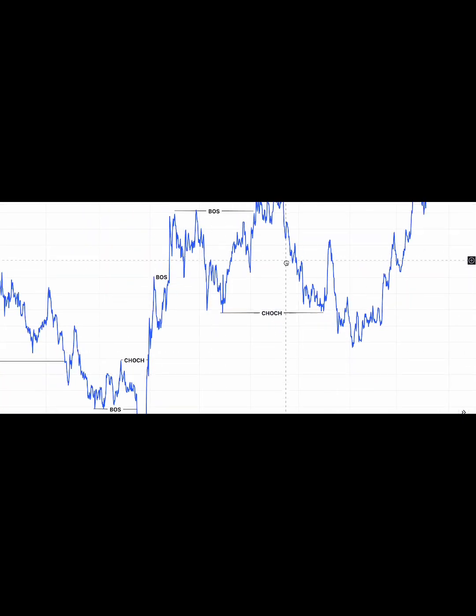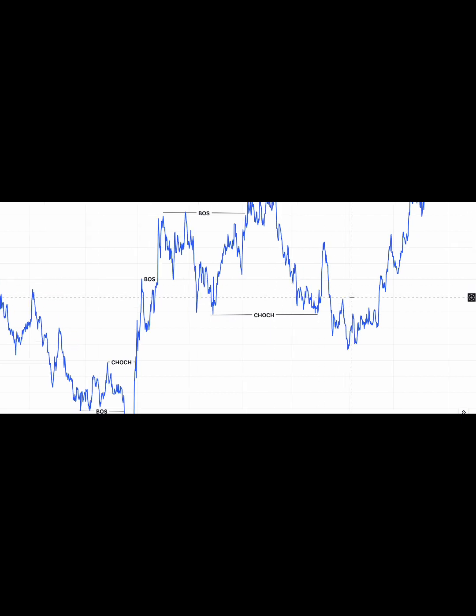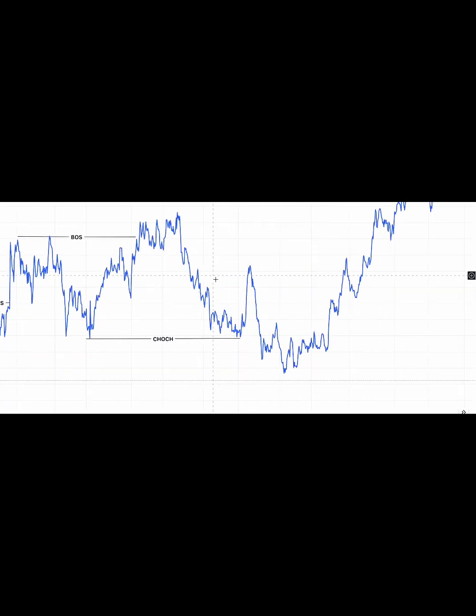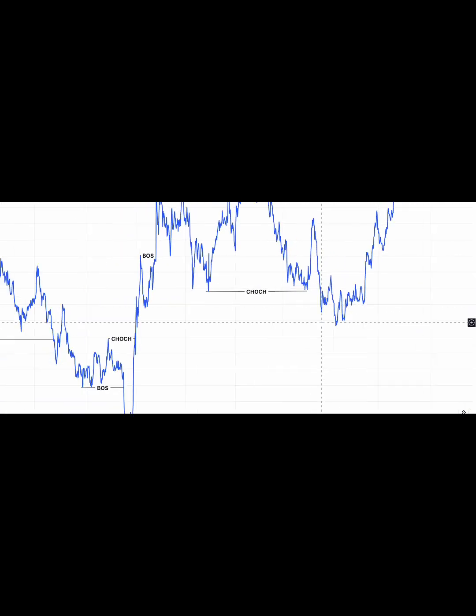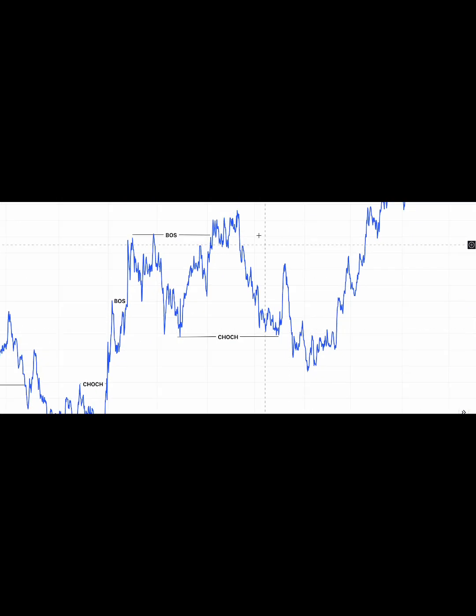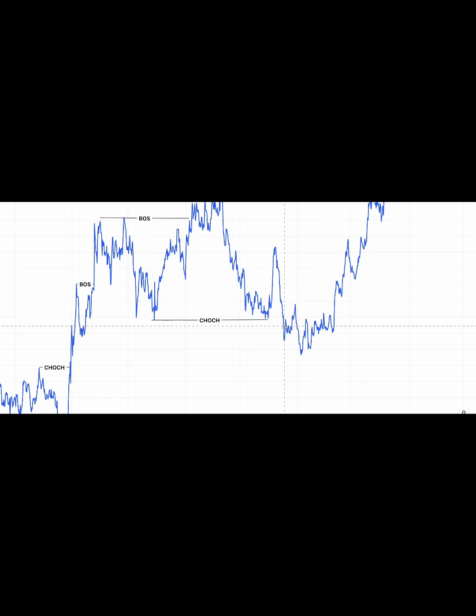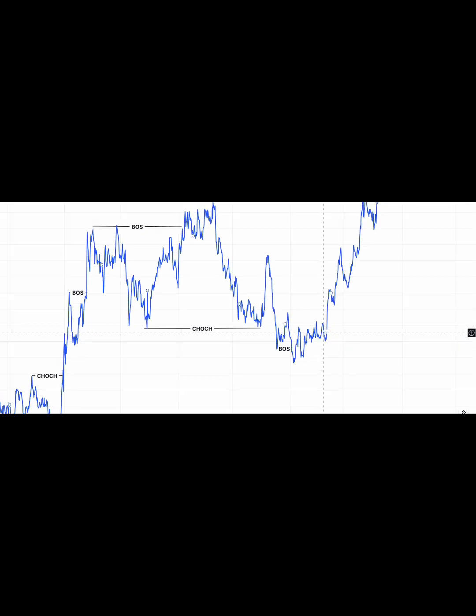So looks like we have the trend reversal, a small downtrend here. Maybe when you look at the lower time frame, yes, this is a downtrend. But for this higher time frame, this is just a big retracement before it continues the uptrend. And here looks like we have another BOS again, for this small downtrend here.